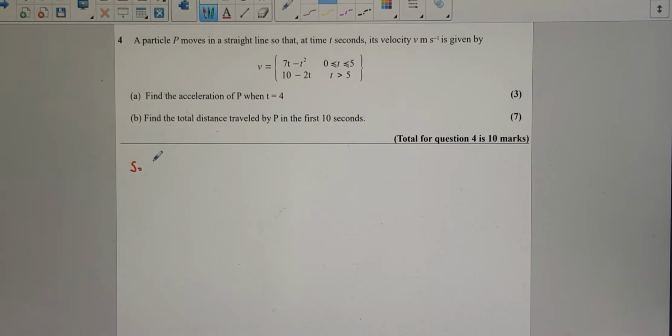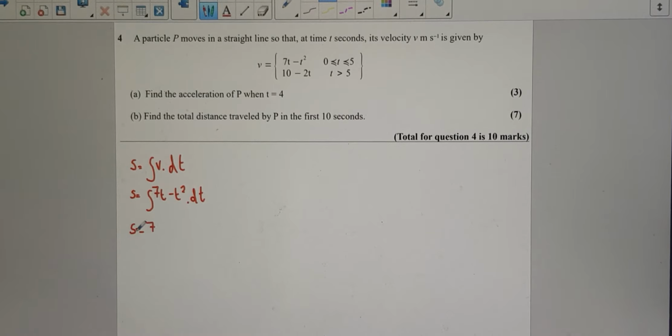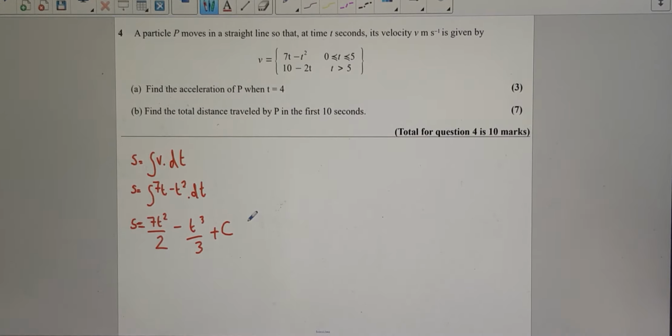If I integrate an expression for the velocity with respect to time, that's going to give me the displacement, i.e. the displacement is going to be this expression, 7t minus t squared, integrated with respect to t, or s equals 7t squared over 2 minus t cubed over 3 plus c. Problem. I need to work out what that constant is, don't I?